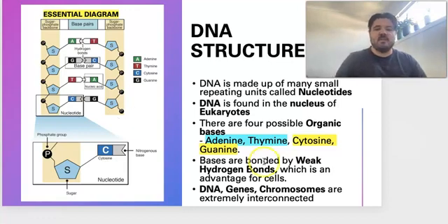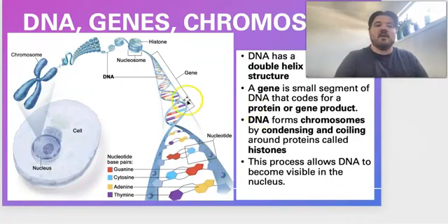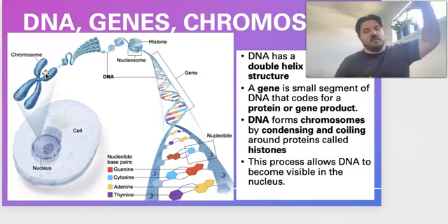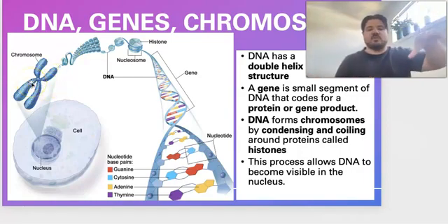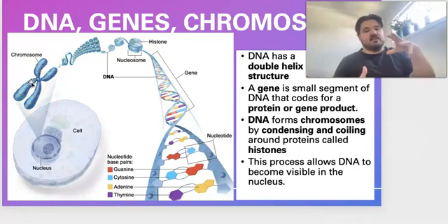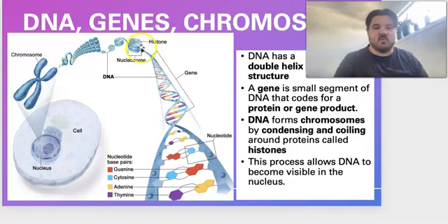Okay. And then chromosomes are the last one. So chromosomes are a little bit different. I think the next image will help me here. A chromosome typically looks like this. And a chromosome is made of DNA and genes. What happens is, when the DNA wants to form a chromosome, and there's a specific point in time where it does this, the DNA starts to condense and coil around these things called histones.